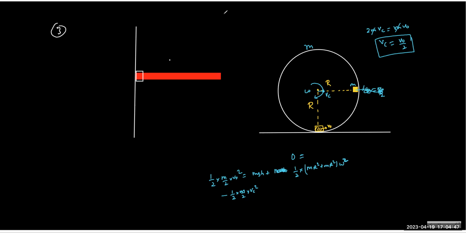The first mistake is here only. We can't consider the momentum because we have friction. So the only thing we can consider is angular momentum. The angular momentum is 0 in the beginning, right? About which point?